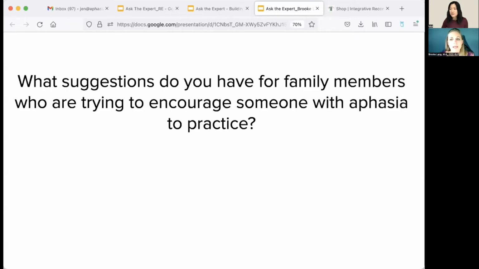And I think it's a fine balance, right? You want to be there to support the person with aphasia and encourage them, but ultimately they're the ones who have to do the hard work. They're the ones who have to be motivated to do it. And so we as the outsiders can't do that for them. And if they don't want to work on it and somebody else is just pushing, it's not always a great outcome.